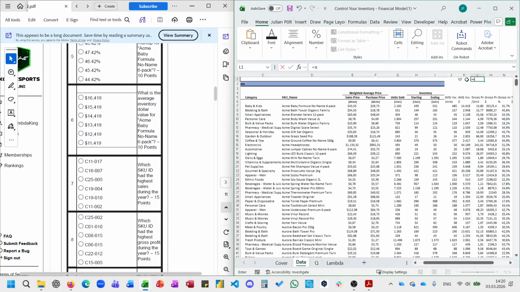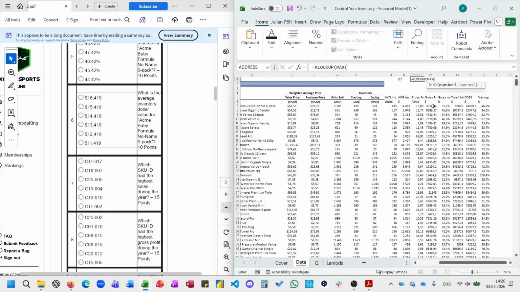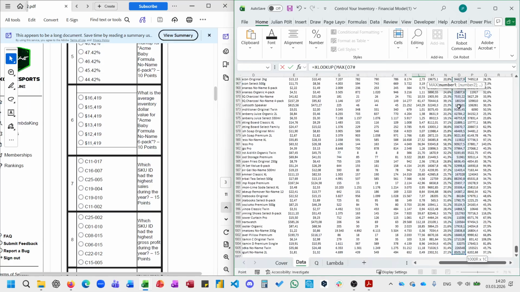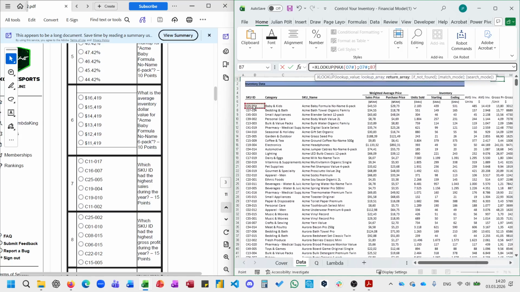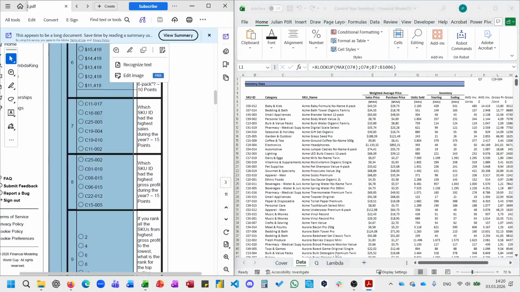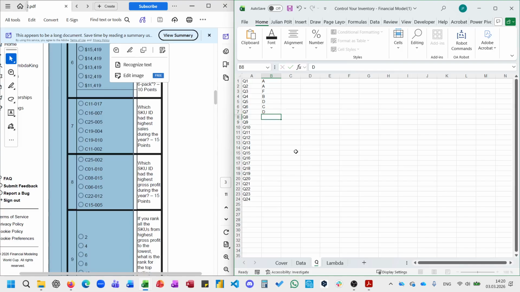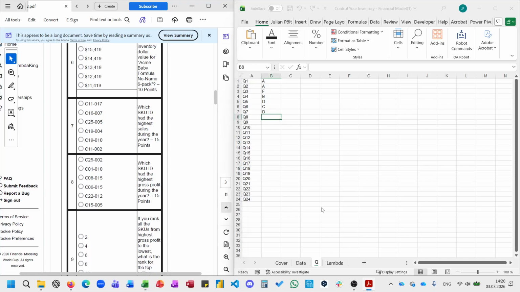Q7: max of total sales, returning the SKU. It's 1904, so here D. Which SKU had the highest gross profit?